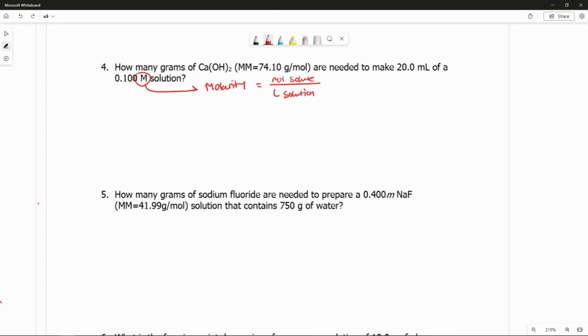So all we've got to do is set this up to find our moles, because in the end, we're looking for grams. That means we have to use the definition, the units of molarity, in order to find our moles of solute. We're given 20 milliliters, which is equal to 0.02 liters. All you've got to do is divide it by 1,000.